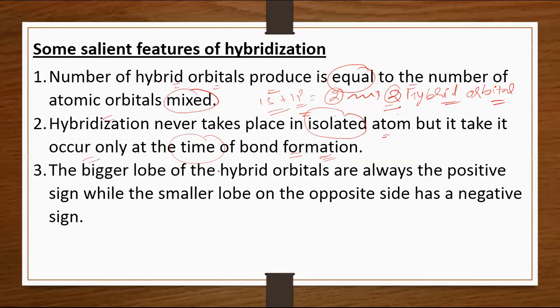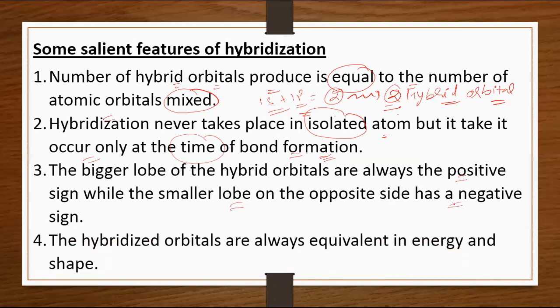The bigger lobe of the hybrid orbital is always positive, while the smaller lobe on the opposite side has a negative sign. The hybrid orbitals are always equivalent in energy and identical in shape. So they have similar energies and similar shapes.